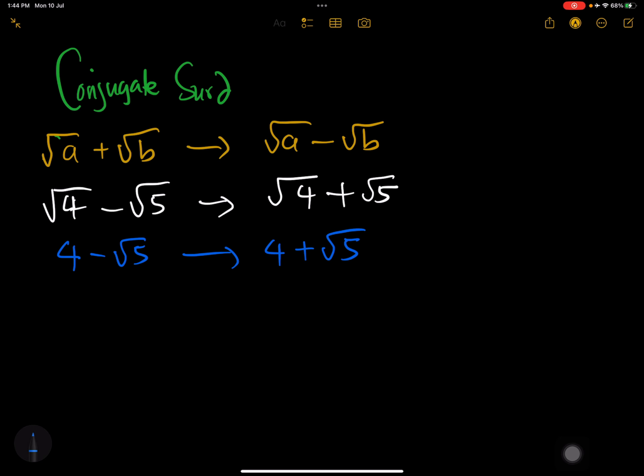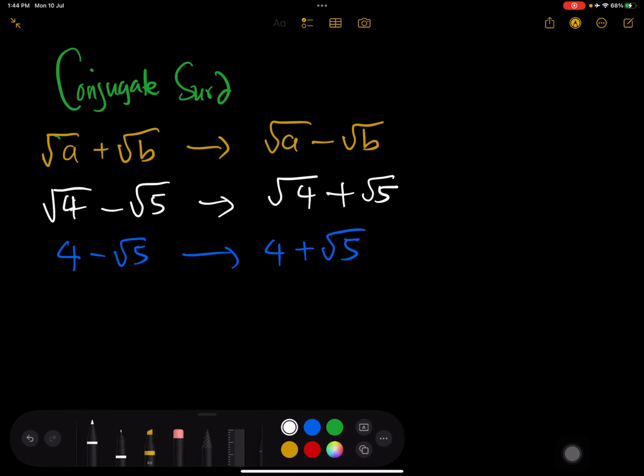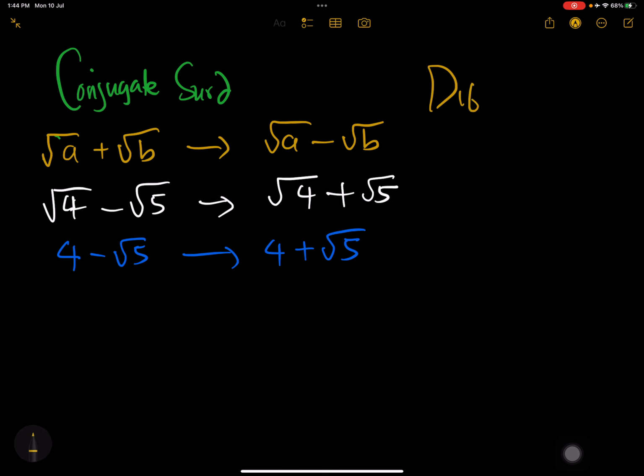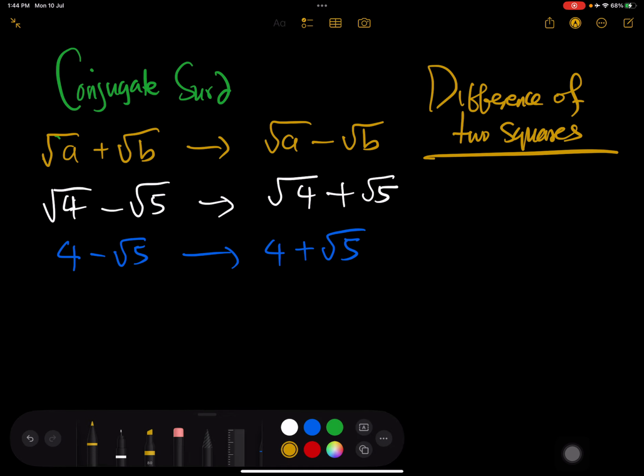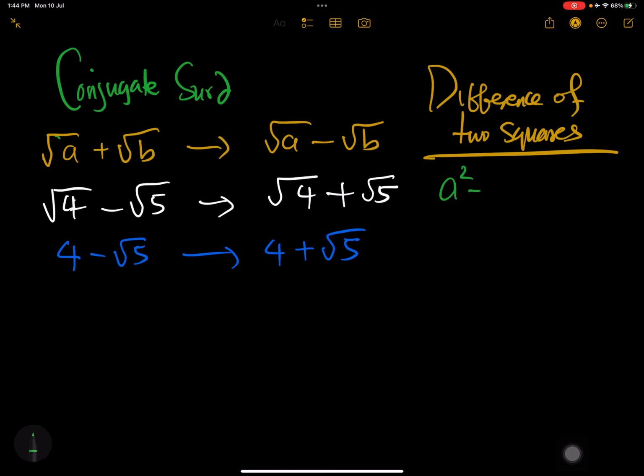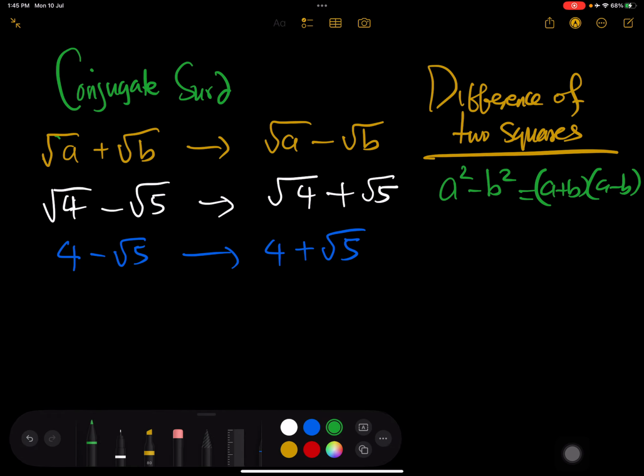Also, remember we studied something called the difference of two squares. We will use that a lot. Maybe I'm just trying to remind you. Remember, we said that if you have a squared minus b squared, it is the same as a plus b multiplying a minus b. Do you remember that? Or it can be the opposite.